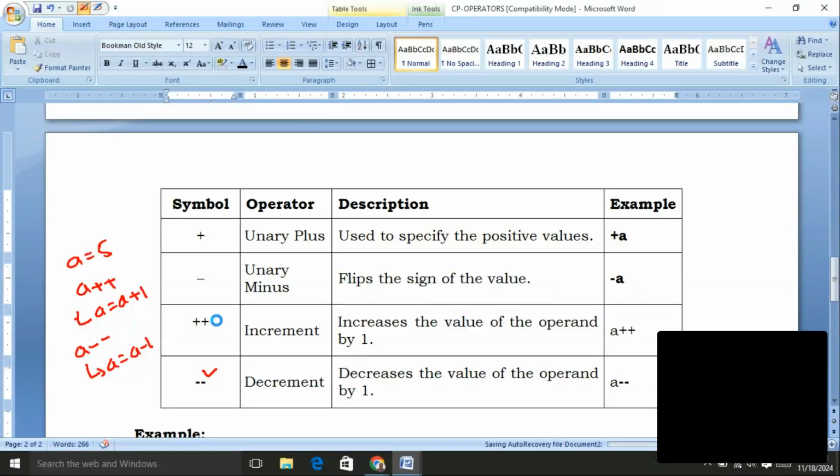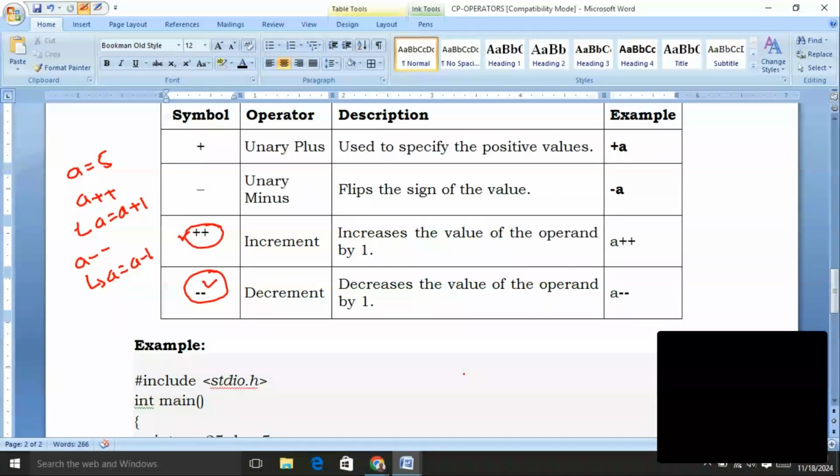But the utilization of these unary operators depends upon their placement. For example, suppose I write a value equal to 5, plus plus a, and a plus plus values. That means in the first, the operator is preceded before the operand, and in the next, the operator is followed after the operand.